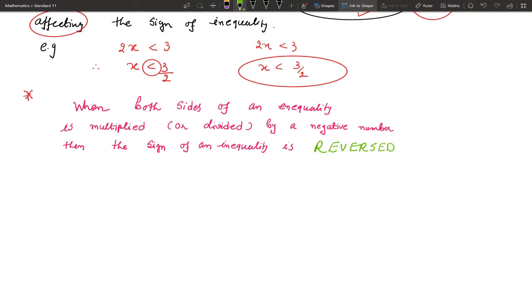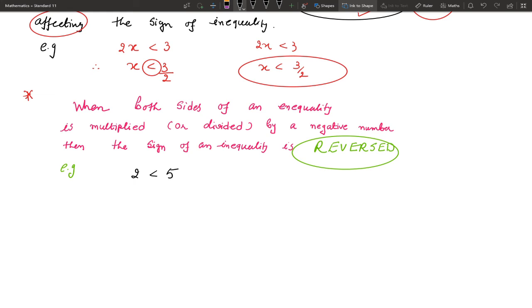Very important thing is, when both sides of an inequality is multiplied or divided by a negative number, then the sign of an inequality is reversed. For example, we take one simple example, 2 less than 5.